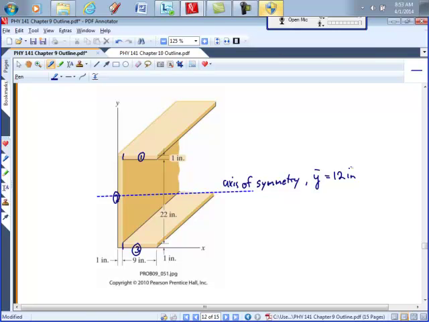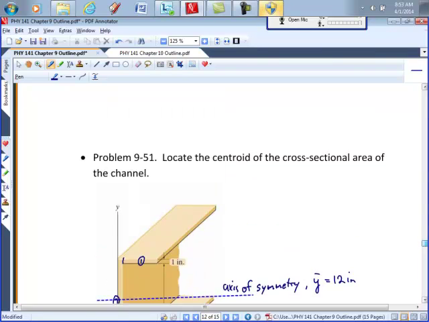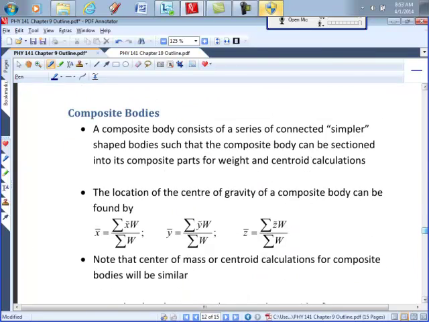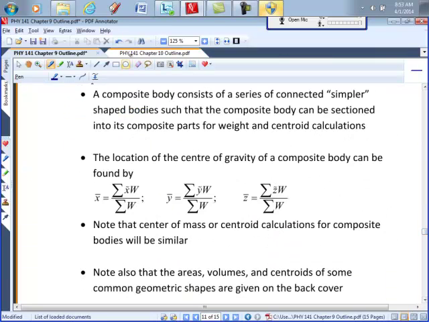Okay, so how are we going to find the x bar? Let me just copy the formula over. This is the formula that we're using, except instead of weights, we're going to be using areas.